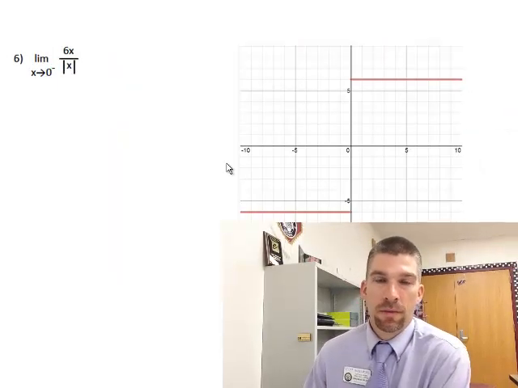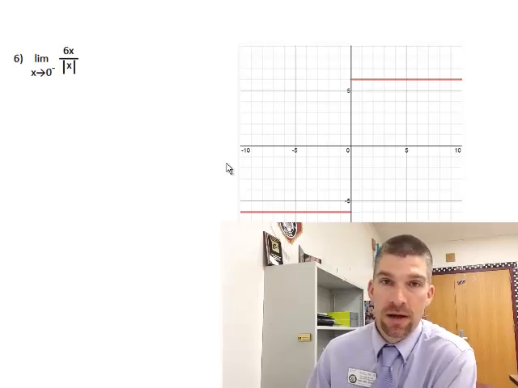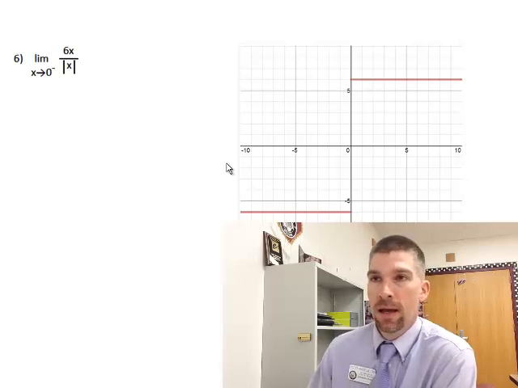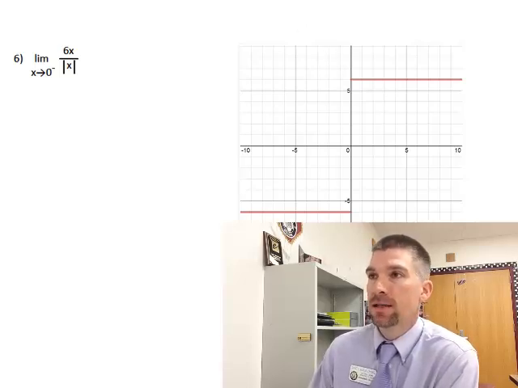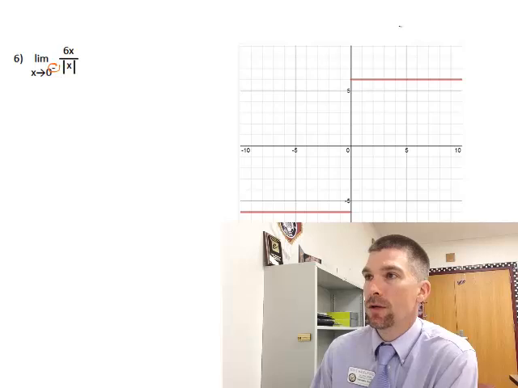All right, so here's a problem that deals with absolute value, and not only absolute value, but absolute value in the denominator only. So this graph looks really interesting. Again, we want to look at the limit as x comes into 0 from the left-hand side of the number line. And when we do that, that automatically means we don't need anything on the right.